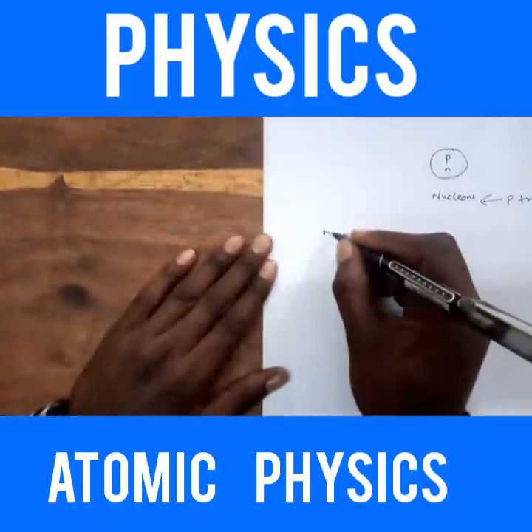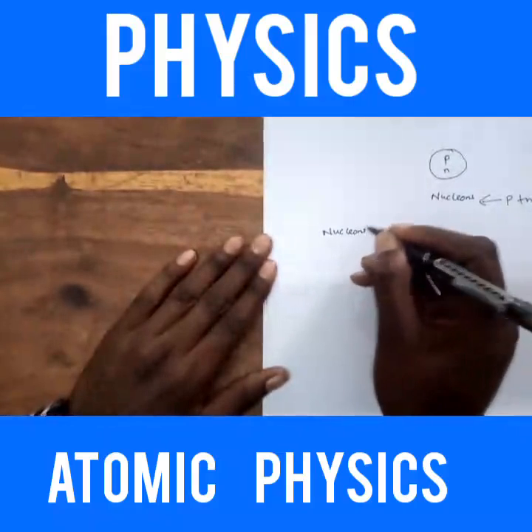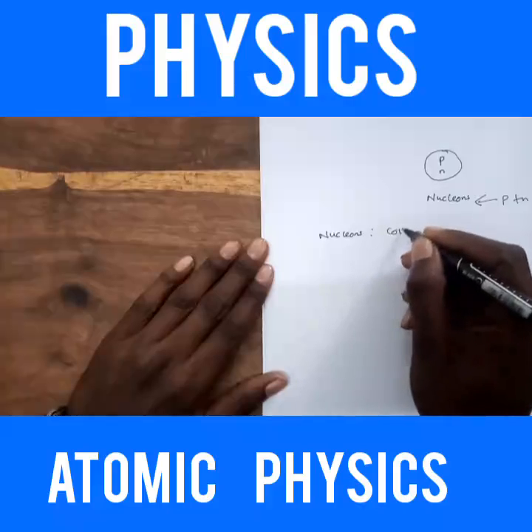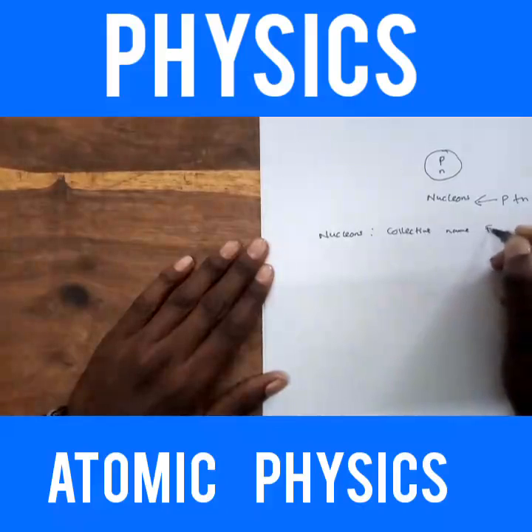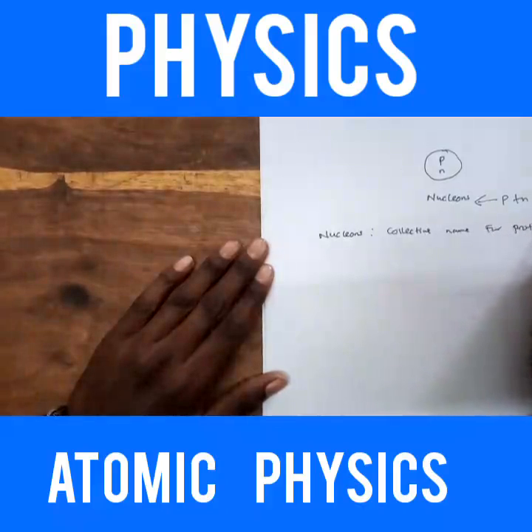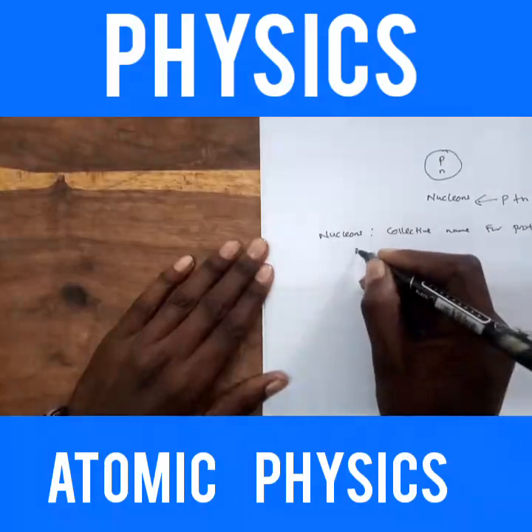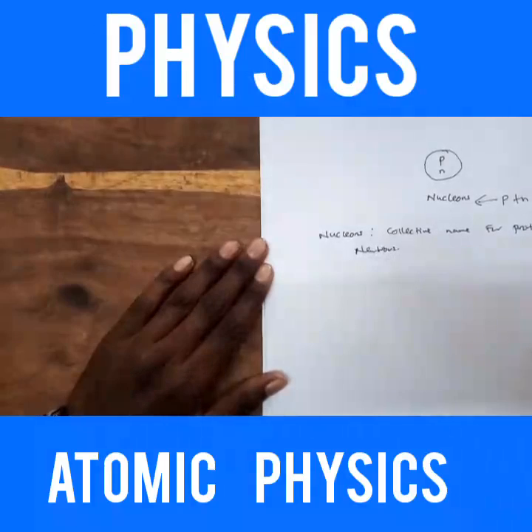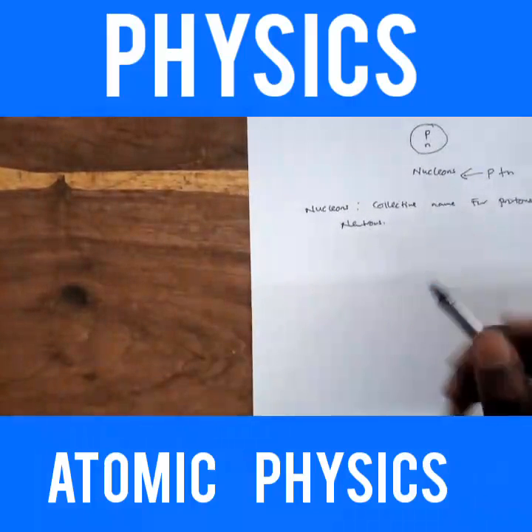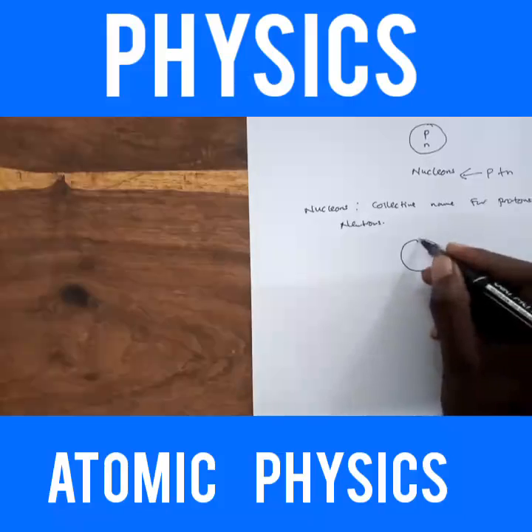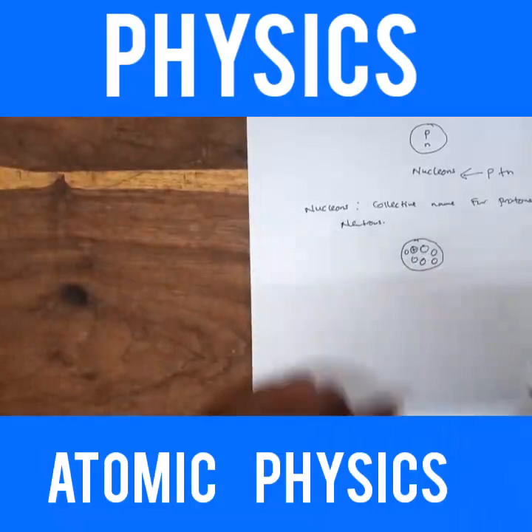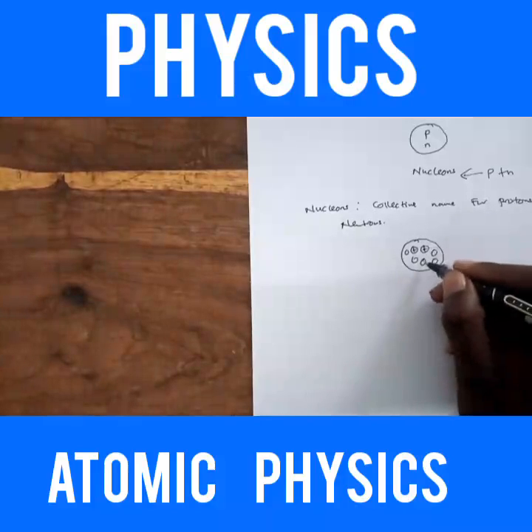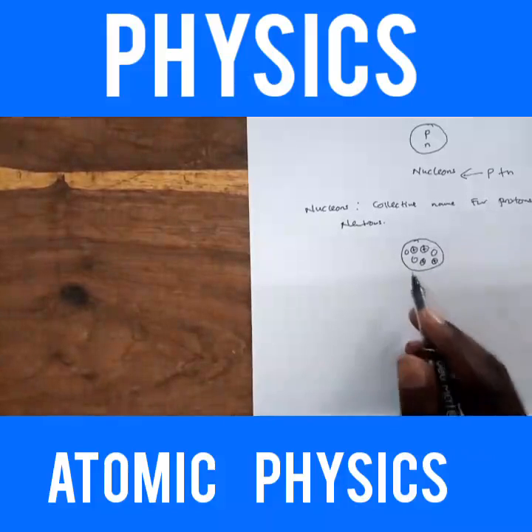So we're saying nucleons. This is the collective name for protons and neutrons. So if I have this nucleus, then let's say we have these particles in there. I'll represent the protons by showing the positive charges there. Then I'll leave the neutrons uncharged.